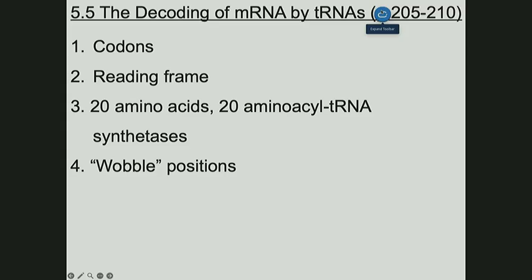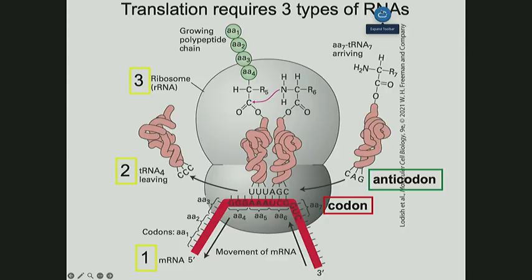When do you start reading in those groups of threes, or those codons? We know that there are generally 20 amino acids, and therefore we need 20 what are called aminoacyl-tRNA synthetases. These are the enzymes that are going to attach the correct amino acid onto the correct tRNAs. And then we will define what we mean by wobble positions for the codon-anticodon interactions.